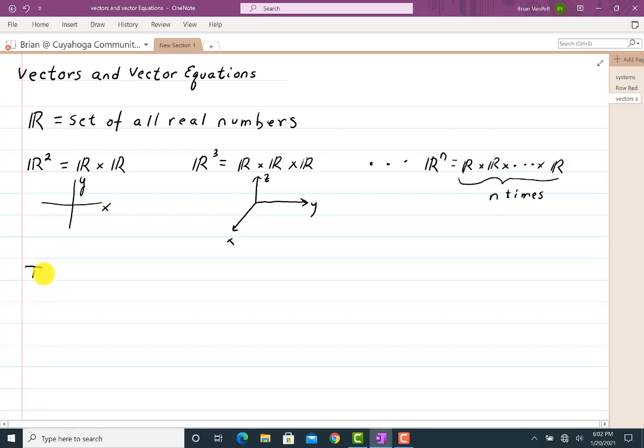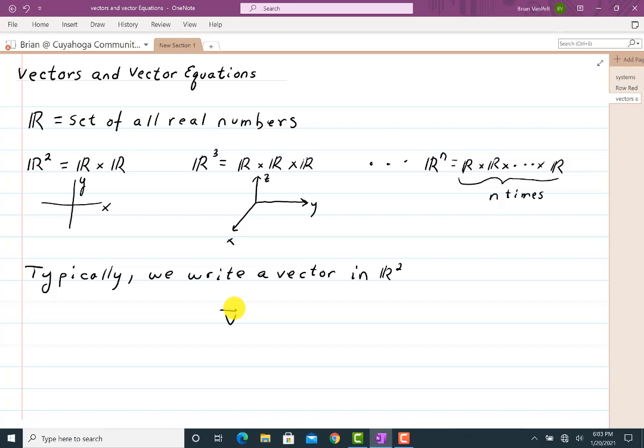Typically, we can write a vector in R squared in the following way. V stands for vector, and I'll put an arrow above it to indicate that it's a vector.